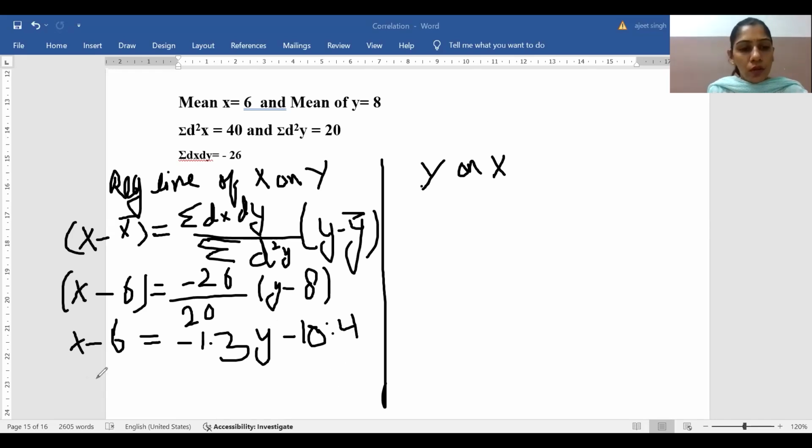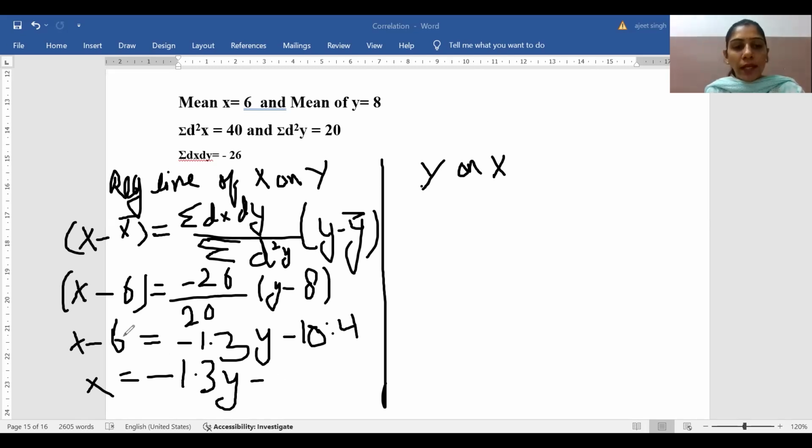So now to calculate the regression line of x on y, let's take this minus 6 to the opposite side of the equal sign, so it becomes minus 1.3y.